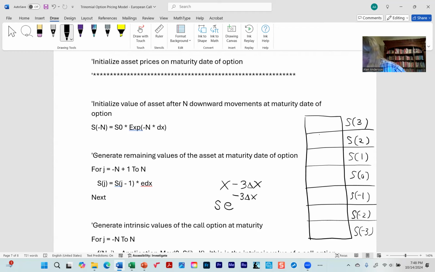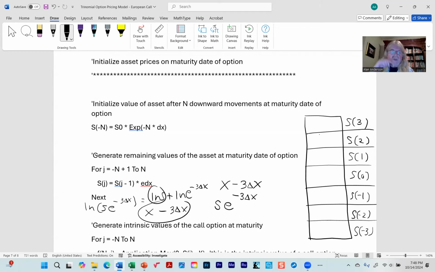Because if you take the log here, this is what we were calling x. Now this reduces to this. So we're going to start by filling in the tree with the actual values of S. That's why it's written like this, e to the negative n dx.